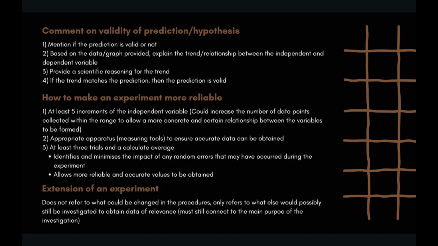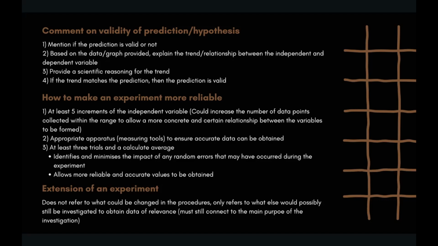And they may also ask you, okay, the experiment is all done, so how can the experiment be made more reliable? Common answers would be, you can increase the number of data points collected in the range, so you get a more concrete and certain relationship between the independent and dependent variable. And maybe you can suggest different apparatus to ensure accurate data.